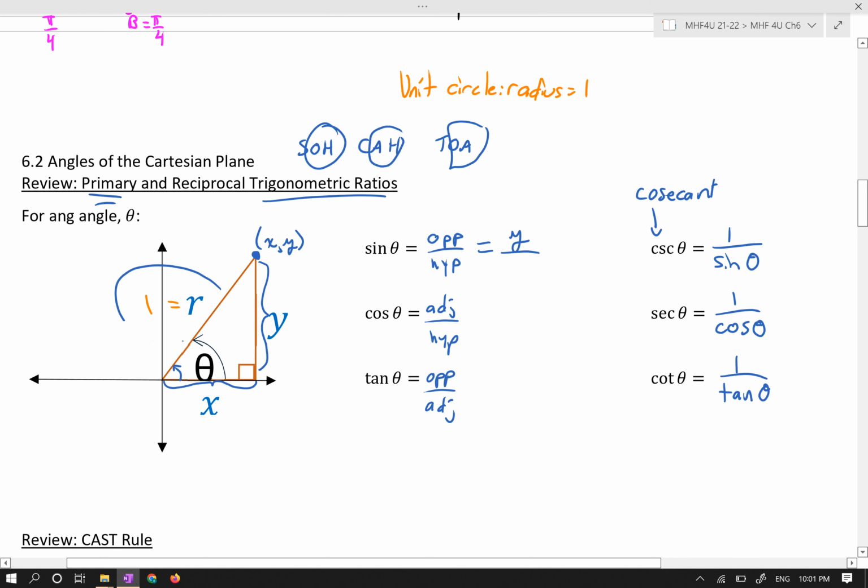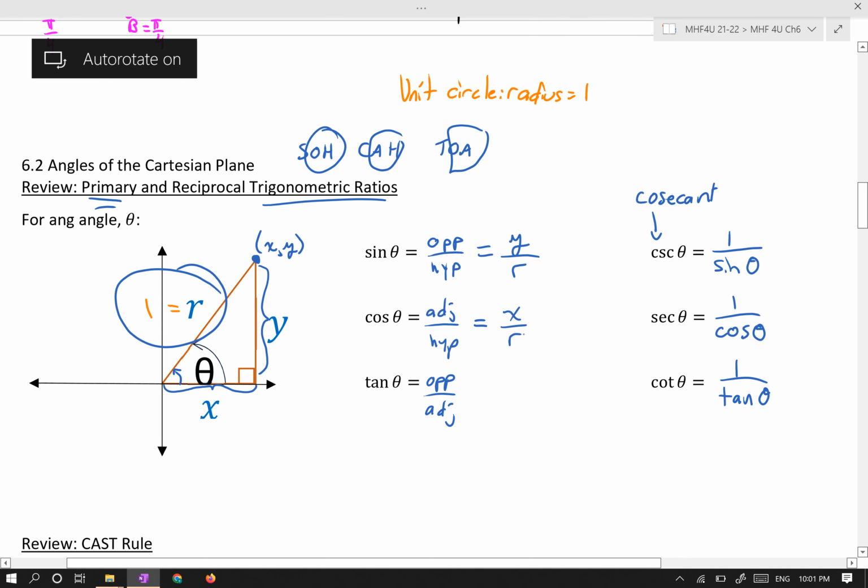Our hypotenuse, we can see, is r. Good, so we're working with y over r. That's the sine ratio. Our cosine ratio, we're working with the adjacent side. Adjacent to this theta is side length x. So we're working with x over r. Our tangent ratio, we're working with y over x.